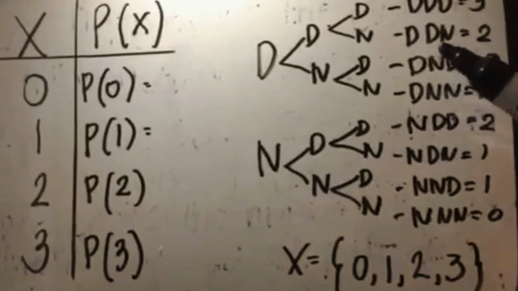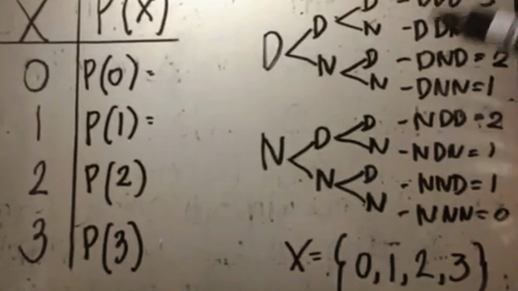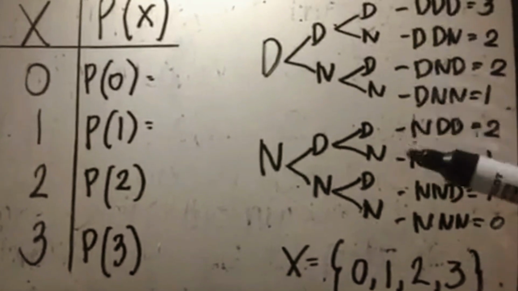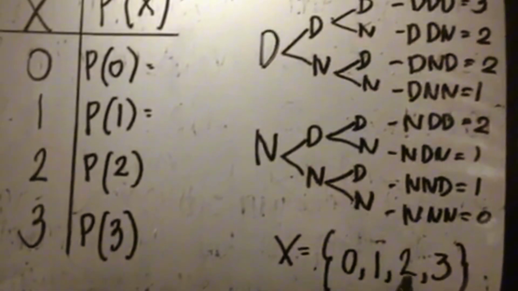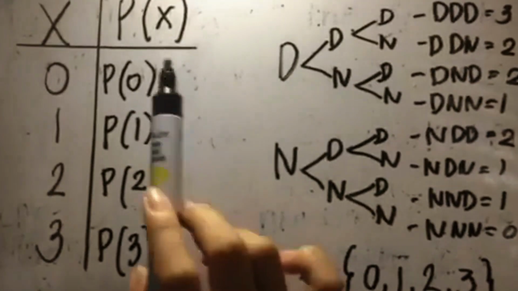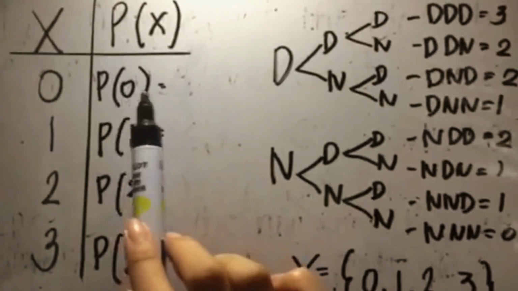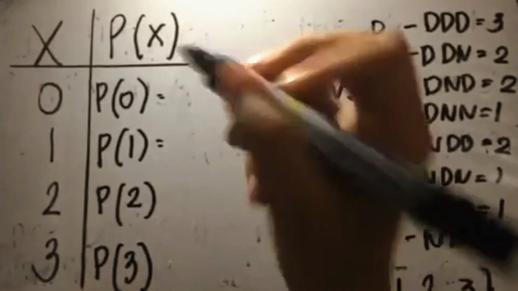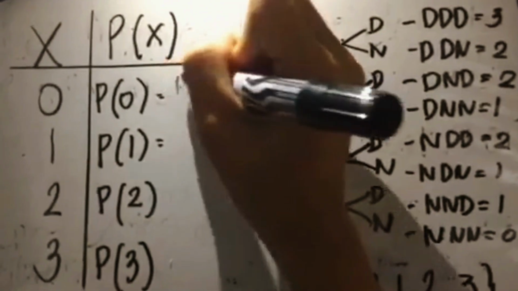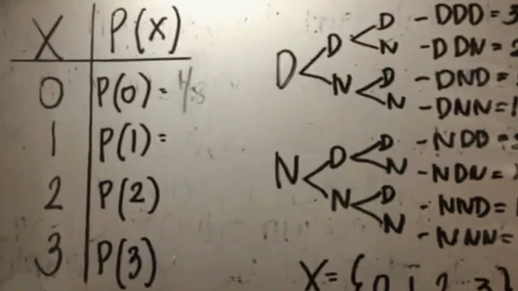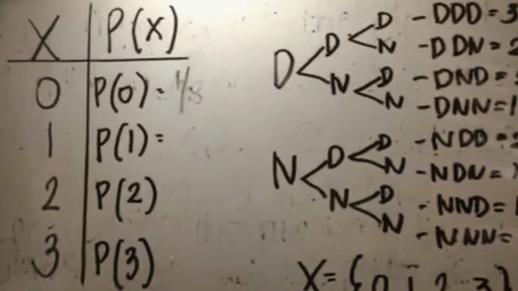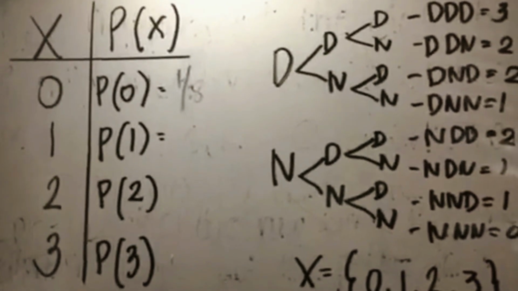So the first step is we do the listing method. We have seen the values of X are 0, 1, 2, and 3. The probability of 0 is 1 over 8, since we have only one 0 here.